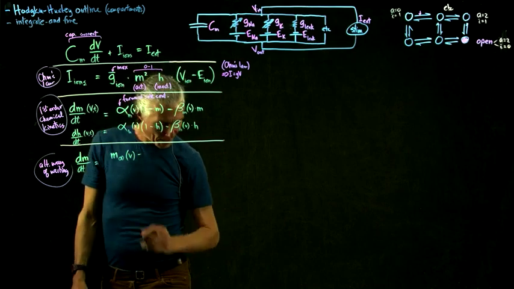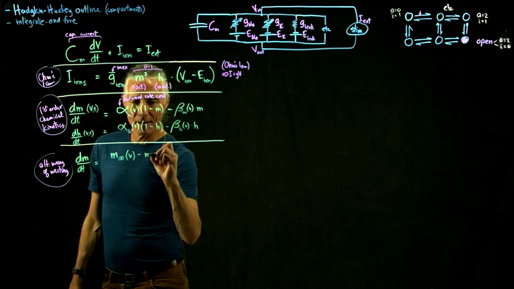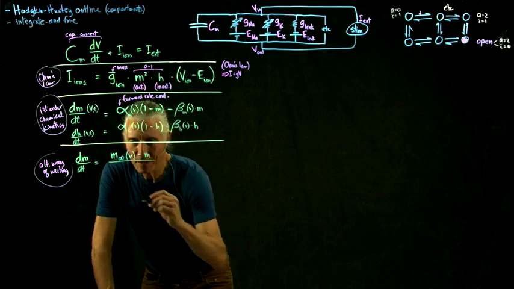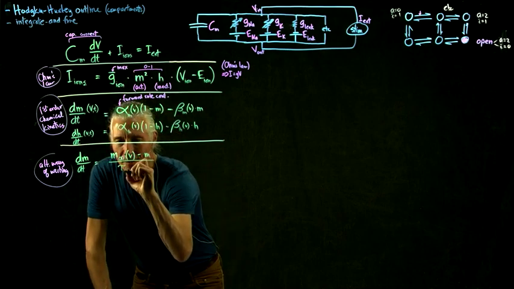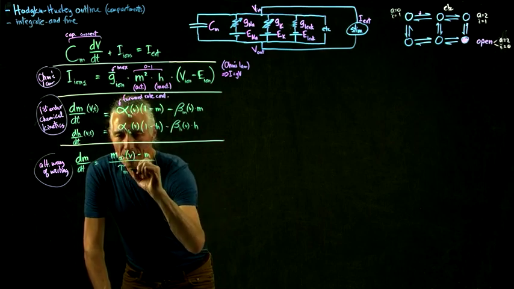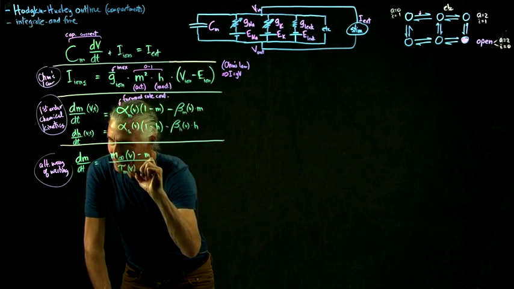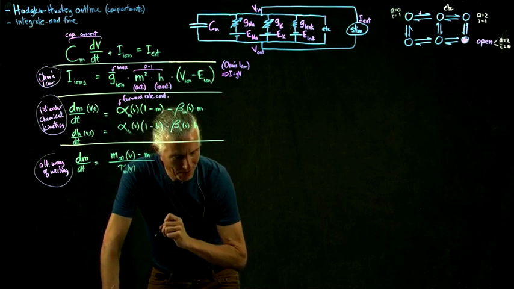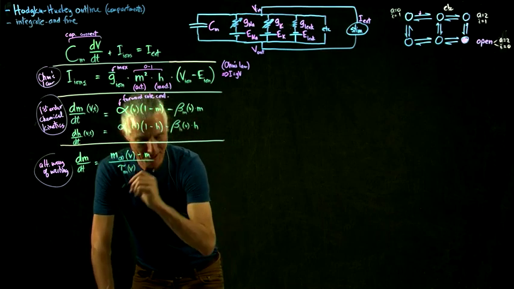And that is minus m, and then over a time constant, a time constant for the m variable, which is also voltage sensitive. You can see why there are so many highways and byways and things mixed up.